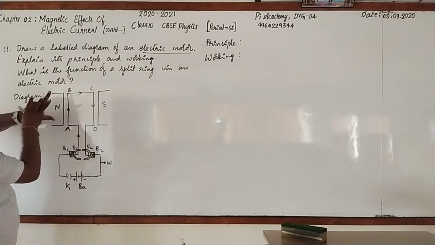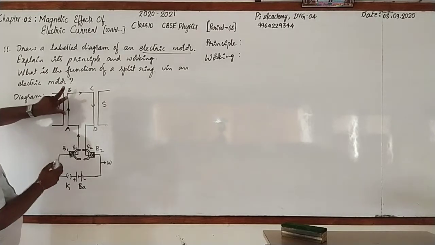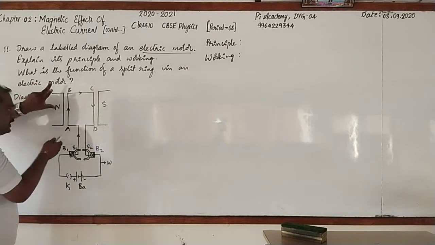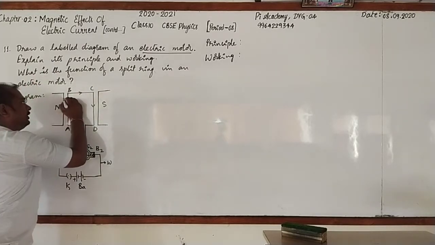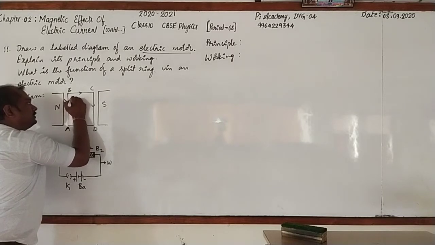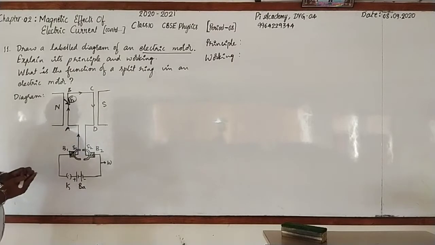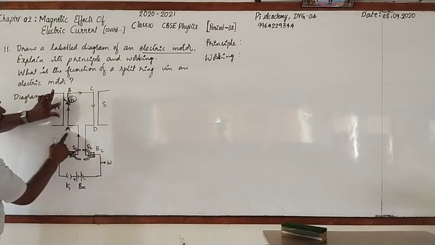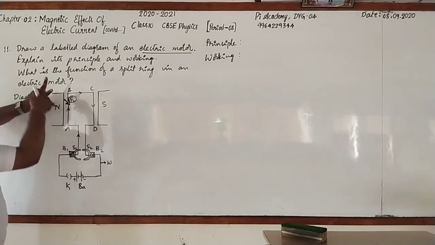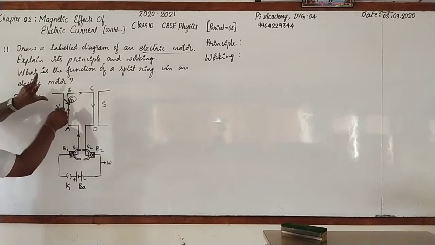Middle finger indicates the direction of flow of current. Current is flowing A to B. Then where is the mechanical force acting? It is acting on the limb AB, in the downward direction. Followed? I call it F1. Lines of force from north to south, current flowing from A to B, mechanical force acting on the limb AB in the downward direction.